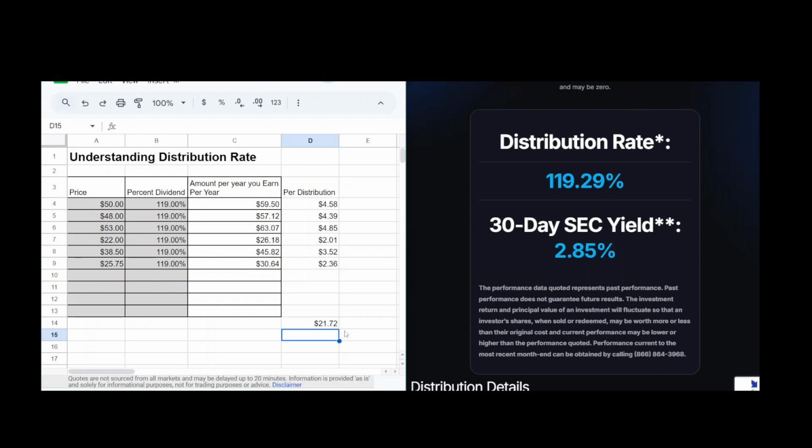So if we earned $21.72 in 6 months, we would have earned double that in 12 months. So we can easily say that times 2 is going to give us our $43.44. That means that we are shy of that $50 mark, so therefore it will take us a little over the year to get to that $50.